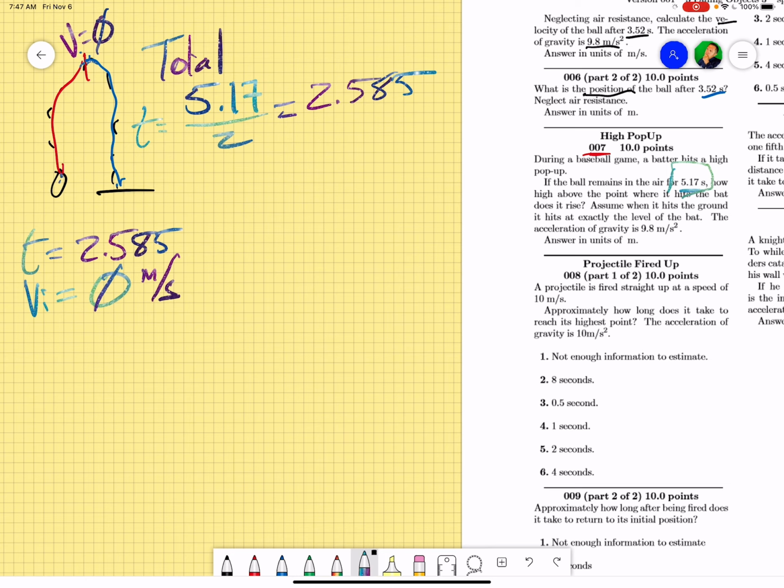I am given acceleration, always, negative 9.8. And what else do I need? I need how far, xf or d, equals question mark. Okay, so there we go.